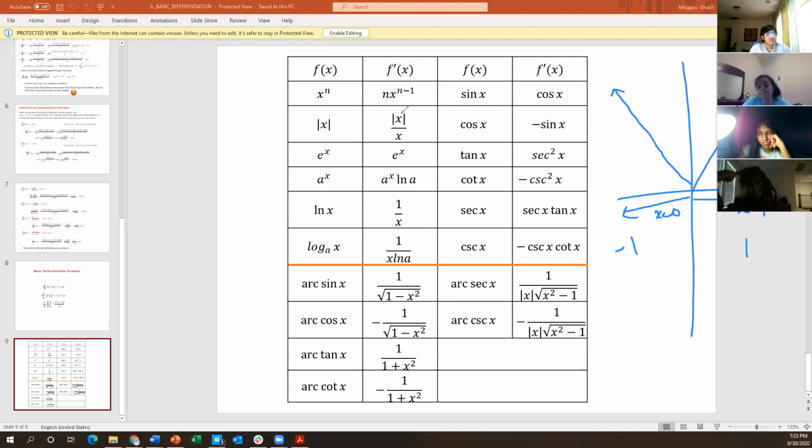That's why it's the absolute value of x over x. It'll always equal -1 if x is less than 0, or +1 if x is greater than 0, okay? And the other important thing to remember is since x is in our denominator, x cannot equal 0. That makes sense, right? Because the function is not smooth at x equals 0.